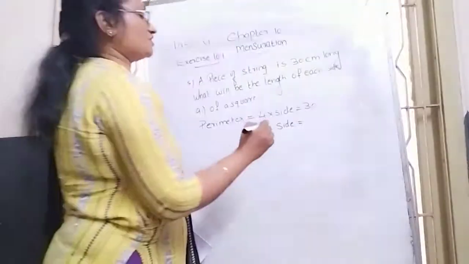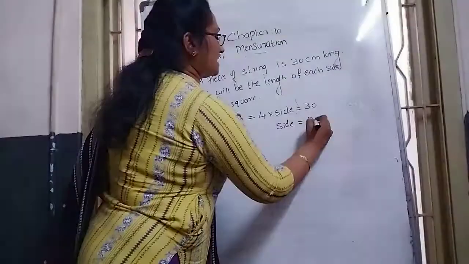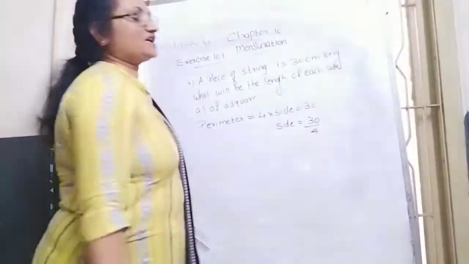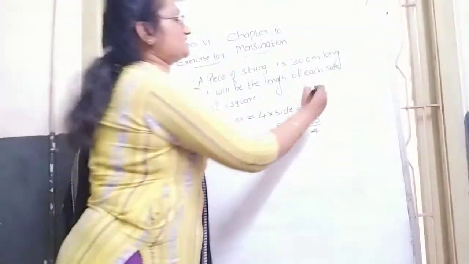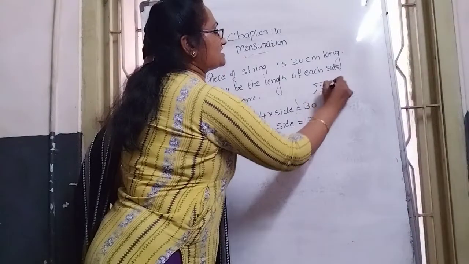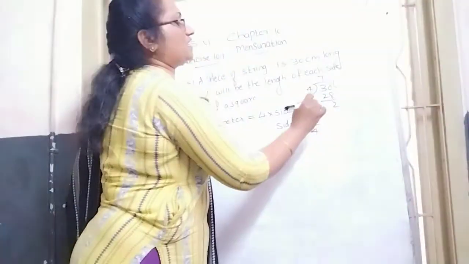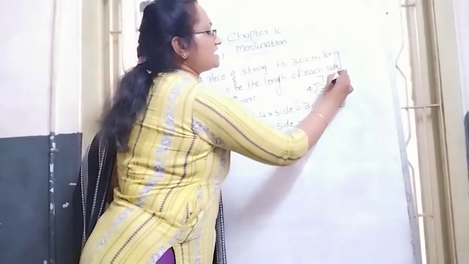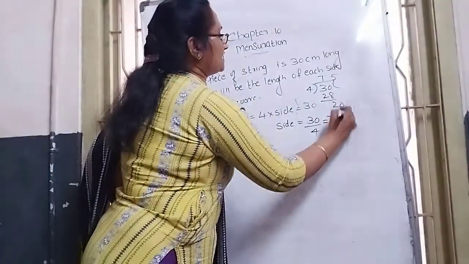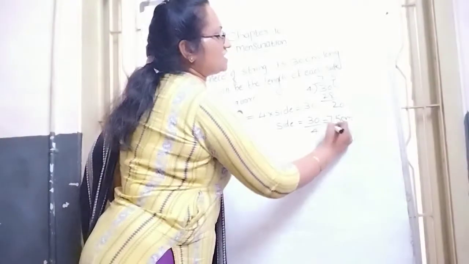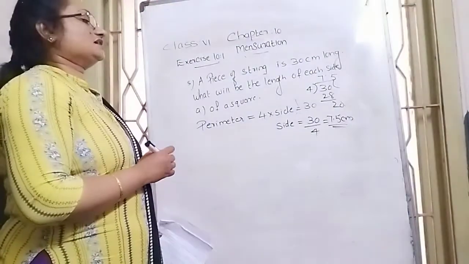Side is equal to 30 divided by 4. 30 divided by 4: 7, 28, subtract, 2, decimal point, 20. So 7.5 centimeter is one side of a square shape.